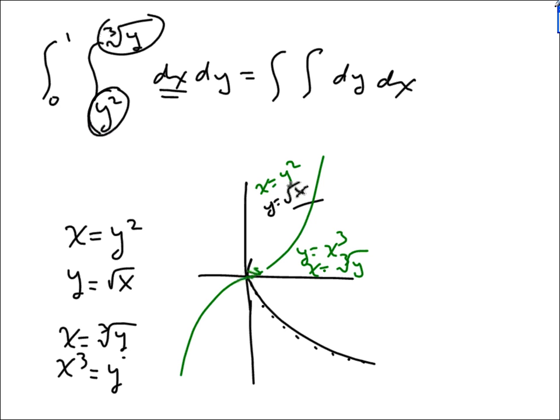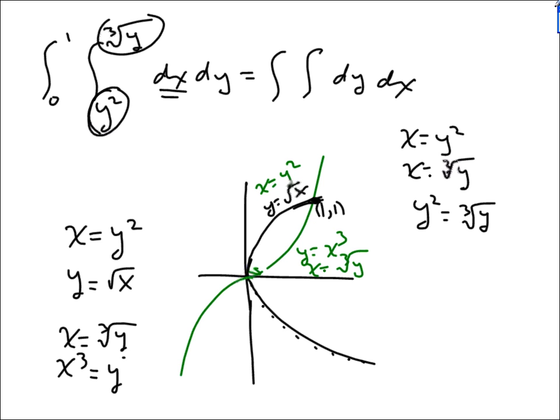Now, as I said, we're switching the limits. For the record, this point is (1, 1). You can set the y's equal to one another, or you can set the x's equal to one another. You can set y squared equal to the cube root of y.